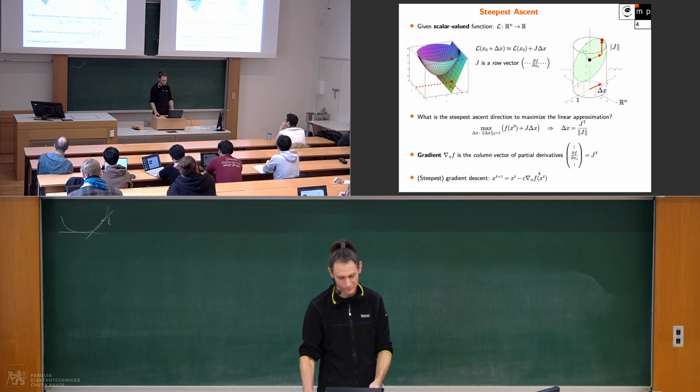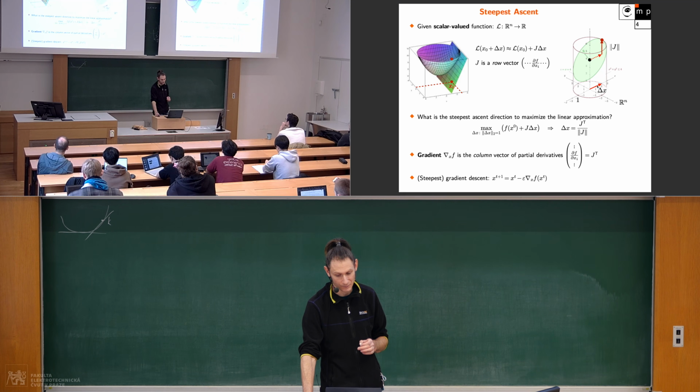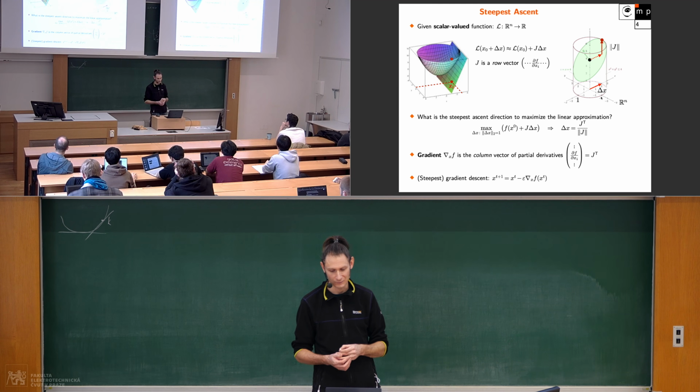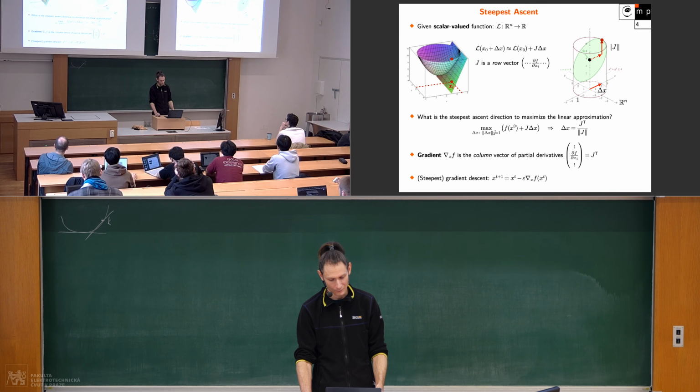Why would we do that? This is also linked to the following question: what is the step in this space of the arguments which ensures the steepest increase of our linear approximation if we bound the length of the step by some value? You can write it as a small optimization problem.